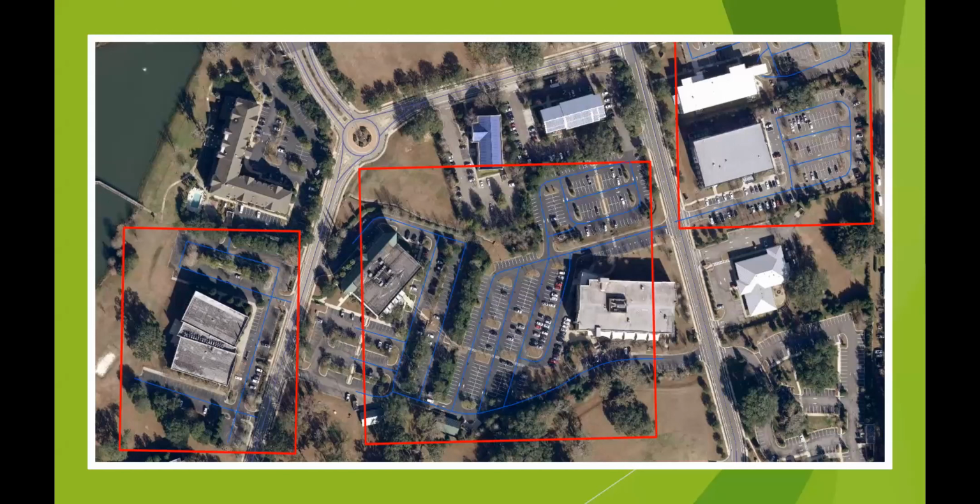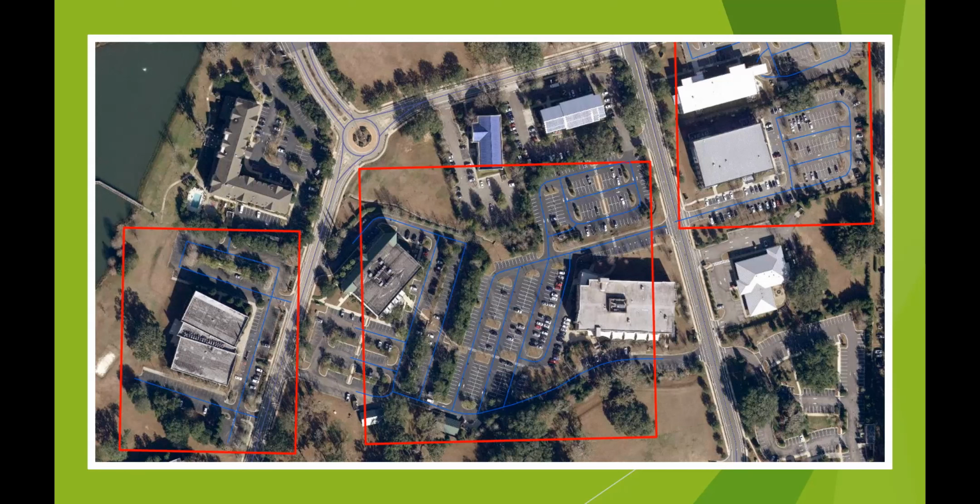Here we see in these bounding boxes areas where I have manually digitized these parking lot lanes that I want to capture. When I feed in the model, I will utilize these specific areas and this specific data set: the polyline data for the parking lot lanes, and then the bounding boxes for my area of interest.